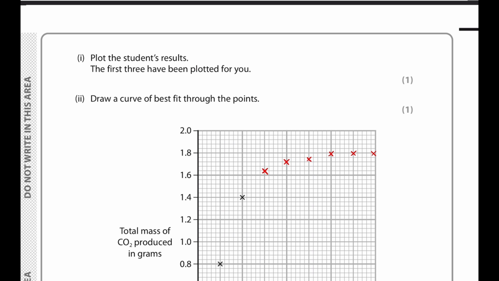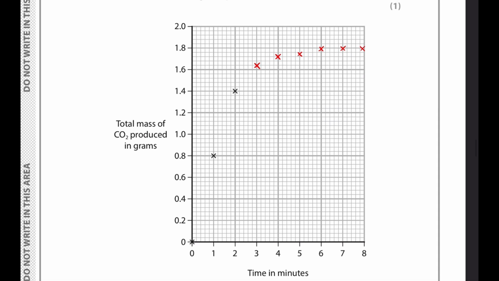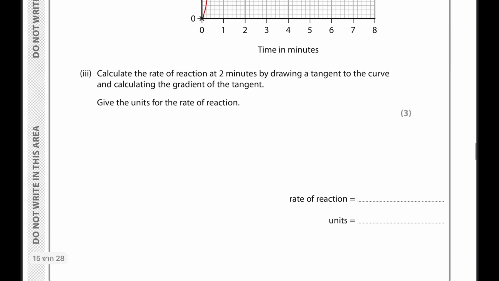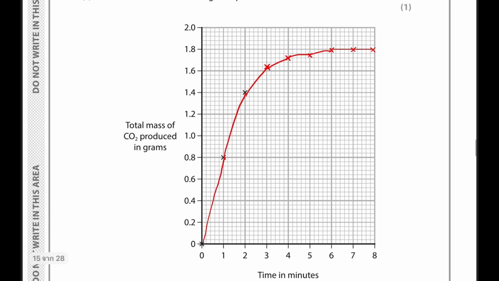Question B. Draw a curve of best fit through the points. Okay, so it will be like this. Let me draw again. Okay, then calculate the rate of reaction at 2 minutes by drawing a tangent to the curve and calculating the gradient of the tangent at 2 minutes, right?